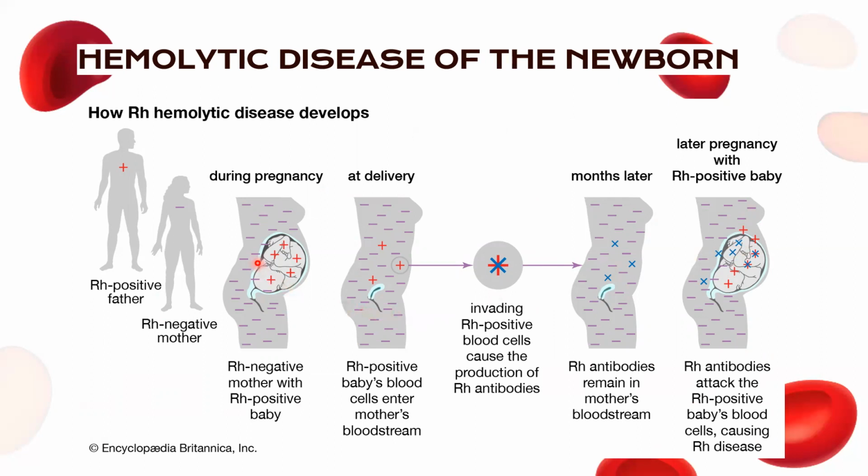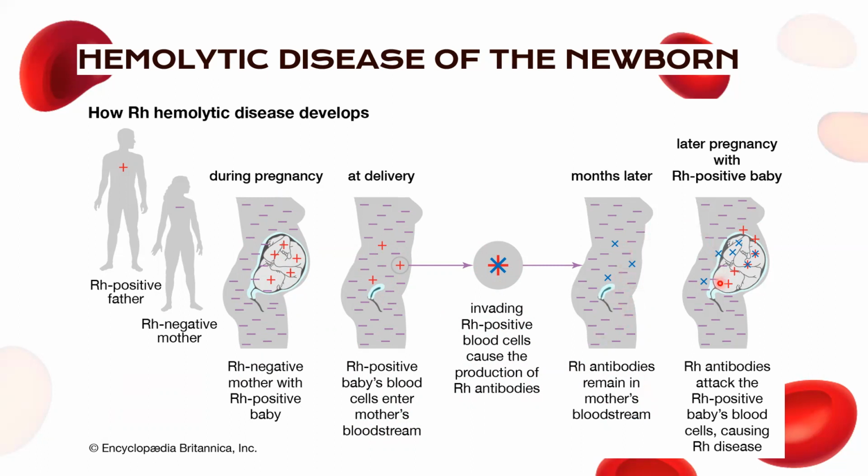This is just nice to know: an Rh positive father and an Rh negative mother, with a baby that is positive. The Rh positive baby's blood cells enter the mother's bloodstream. The invading Rh positive blood cells cause the production of Rh antibodies, which remain in the mother's bloodstream.